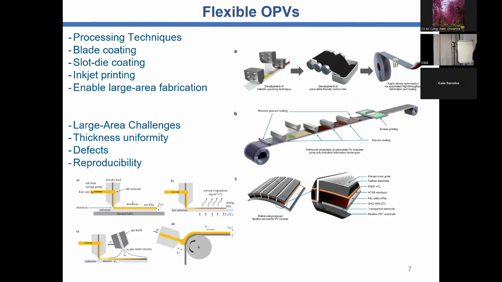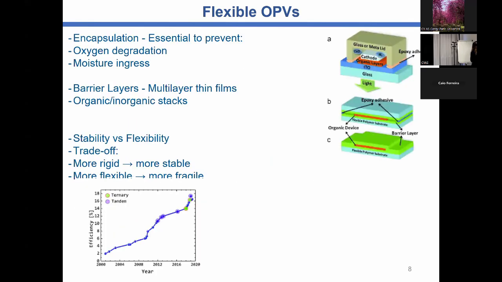So sometimes we have these defects coming from the oxygen. So materials that have more stability with oxygen also are more desirable. And the reproducibility, that is an issue with the organic materials.